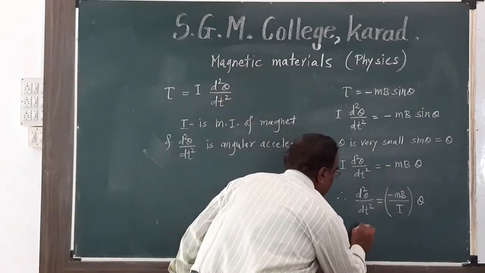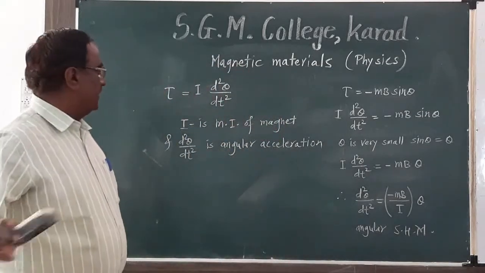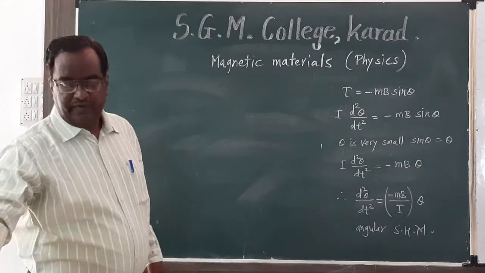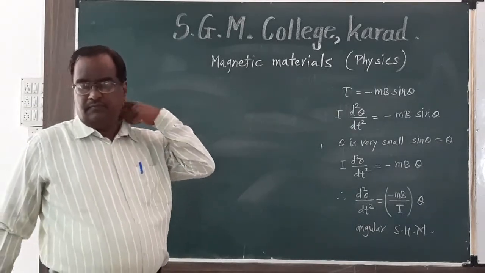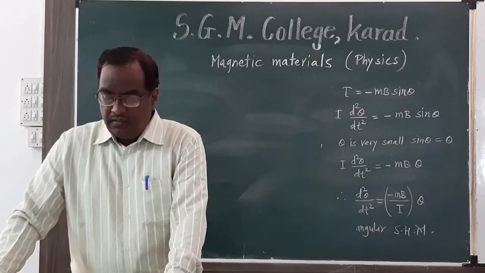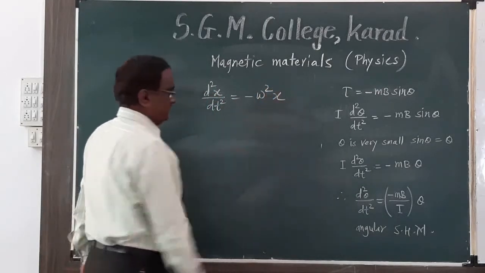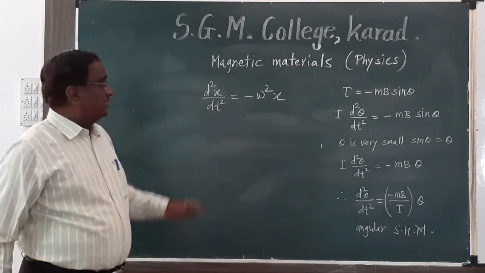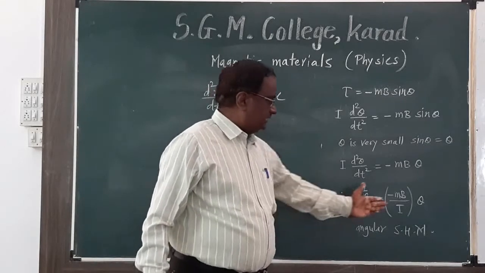This equation is known as angular simple harmonic motion, and this equation is analogous to the equation d2x by dt square is equal to minus omega square x, where d2x by dt square is linear acceleration, x is linear displacement, and here this is angular acceleration, this is angular displacement.